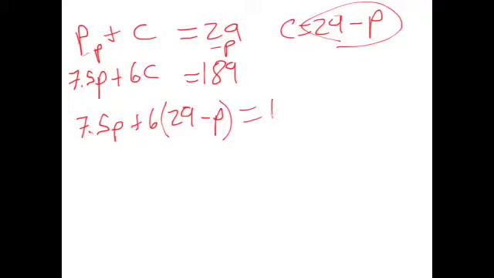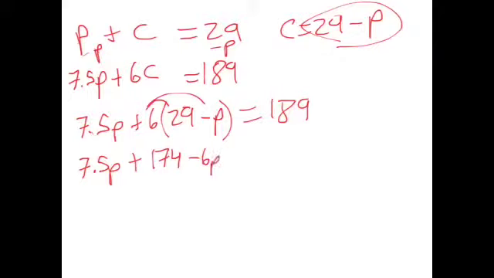So now this, 189. Now I need to distribute this 6 through. I've got 7.5p plus, well, I don't know what 6 times 29 is. Here, let me use my handy dandy calculator. That'll give me 174, and then minus 6p has to equal 189.